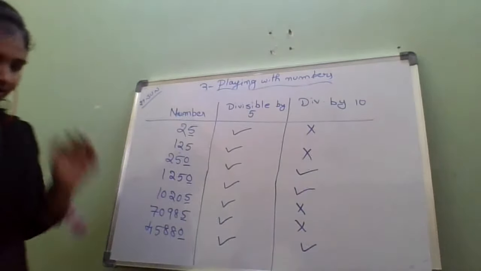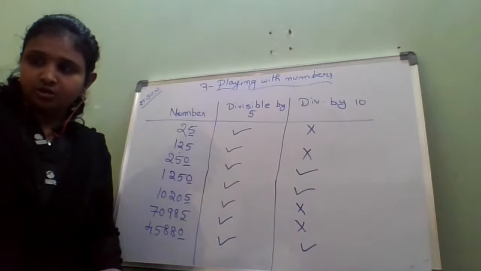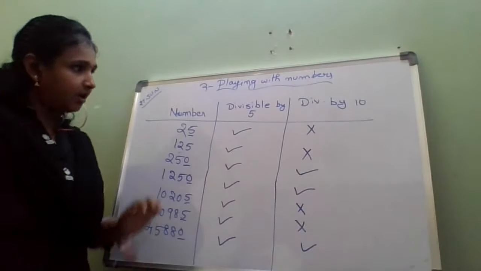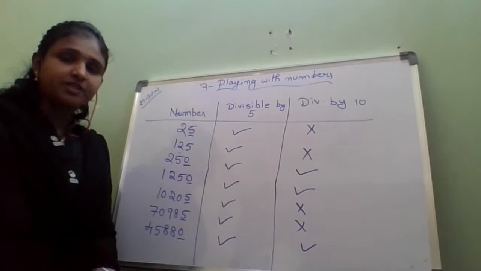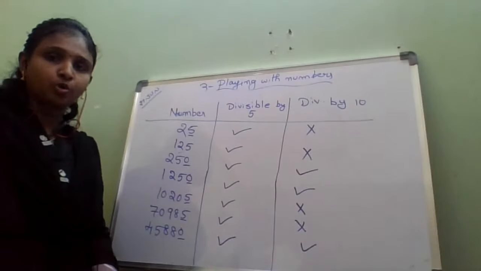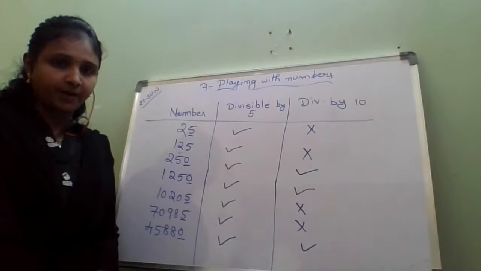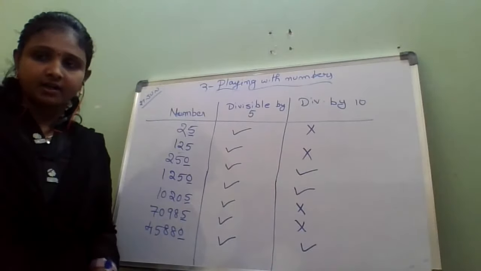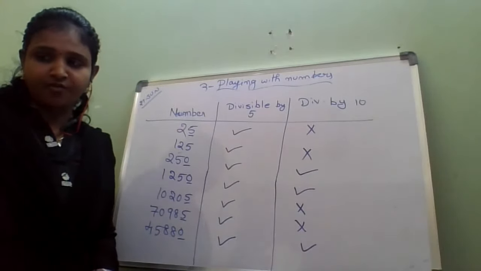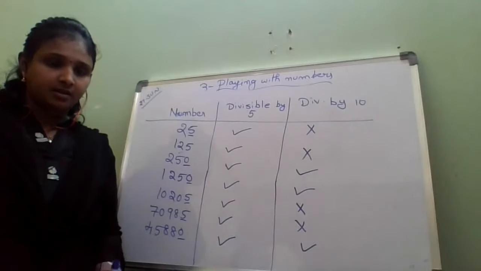So these are the divisibility properties of 2, 3 and 6, and these are the divisibility properties of 5 and 10.